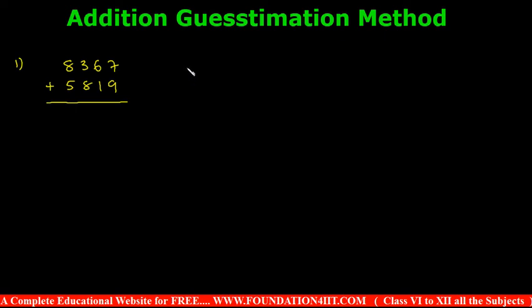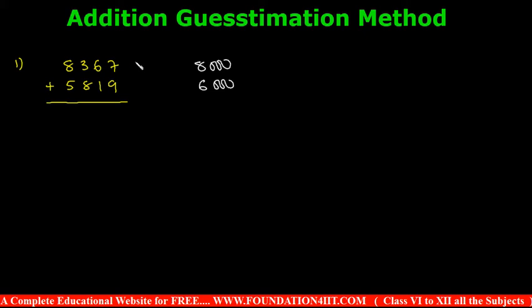First of all, we make each number nearest to thousands, nearest to hundreds, or nearest to tens. There are three concepts. If I make it nearest to thousands, 8367 is 8000, right? And 5819 nearest to thousands is 6000.